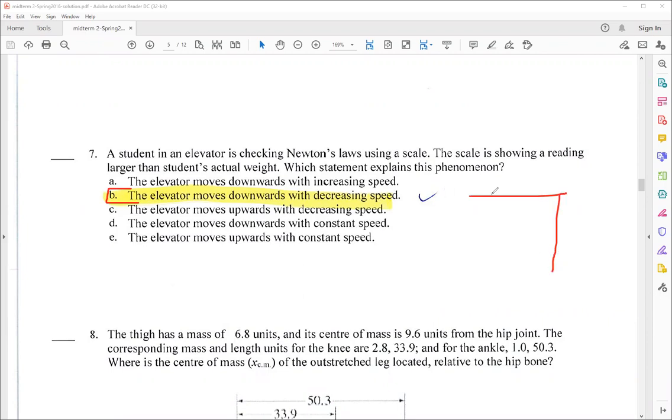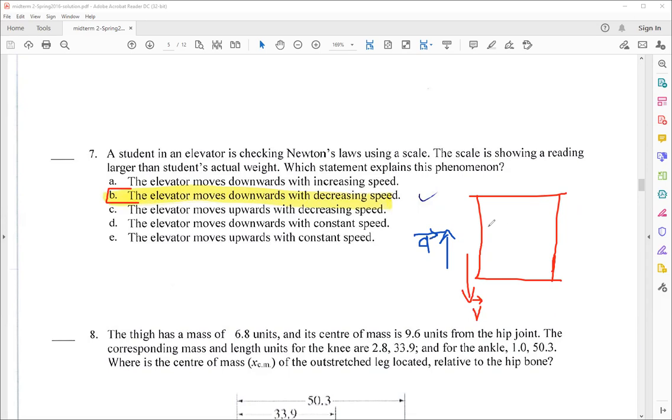If the elevator is like this, moving downward, velocity is pointing down, but because the speed is decreasing, I must have an acceleration that is opposing this direction of velocity. That means my acceleration is pointing up.